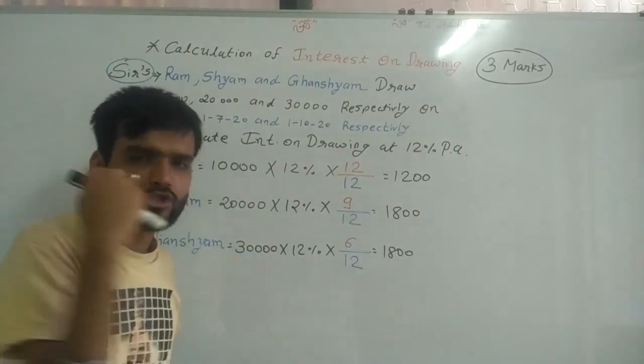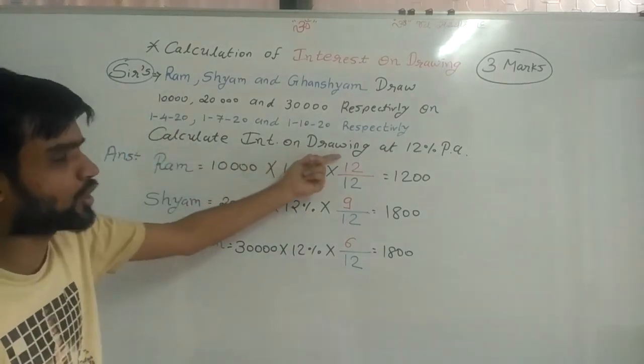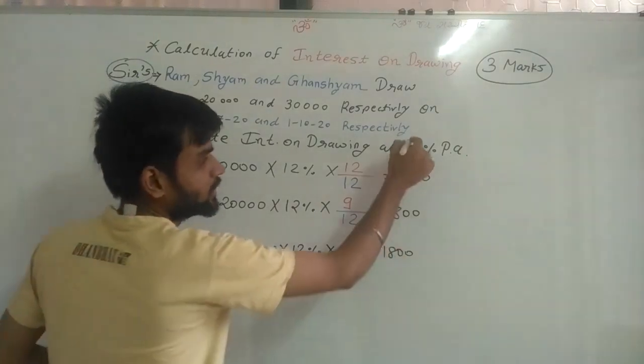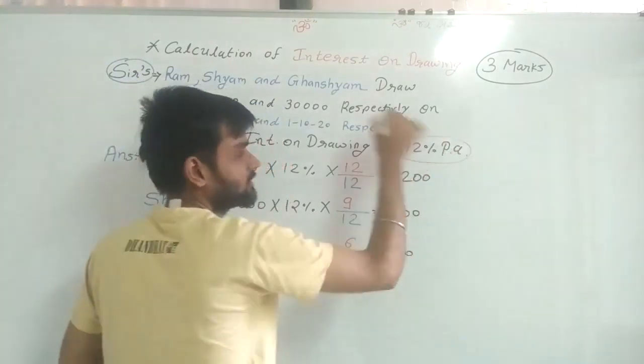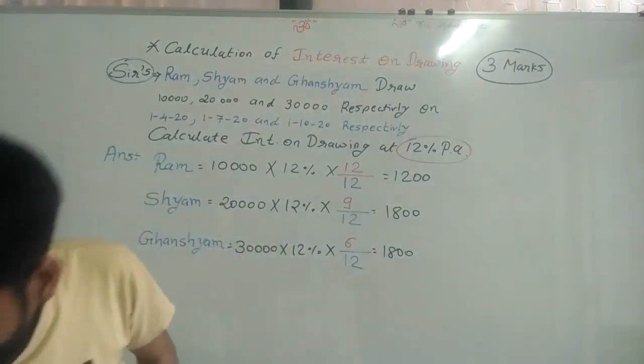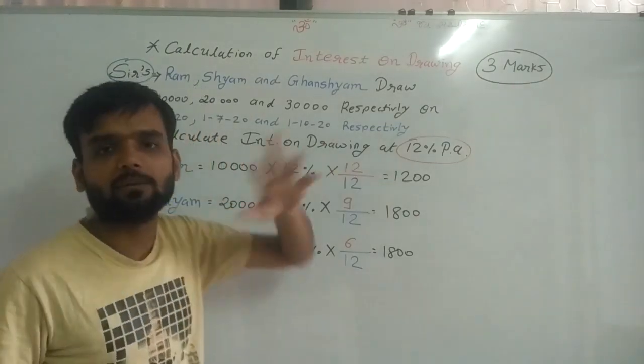Now what is the question given? Calculate interest on drawing at 12% per annum. So you are given 12% per annum.